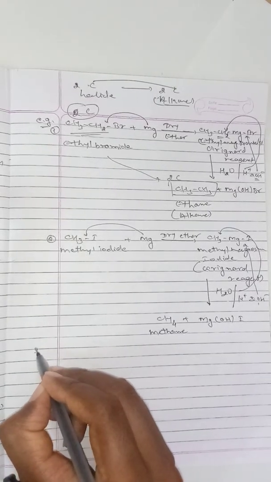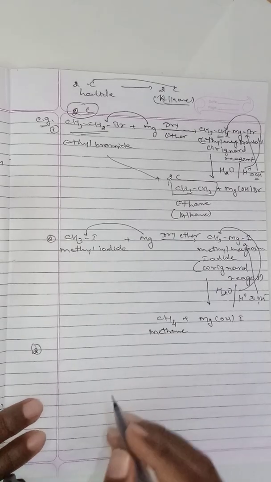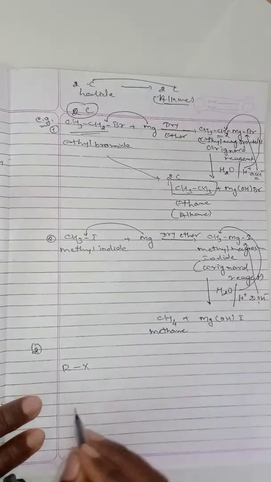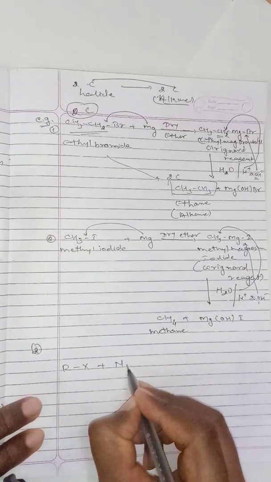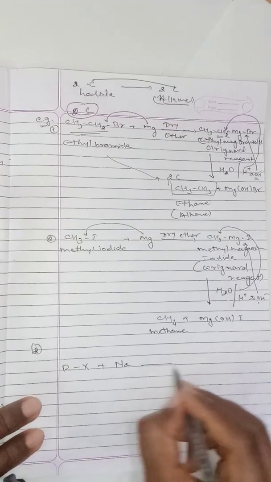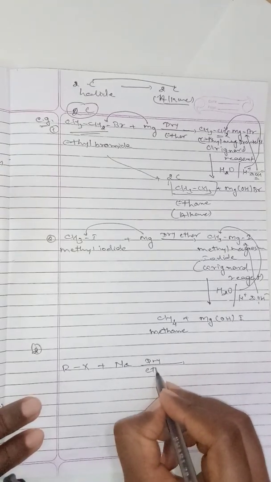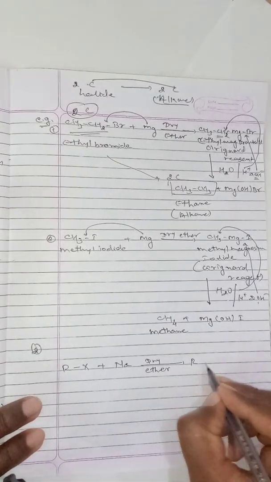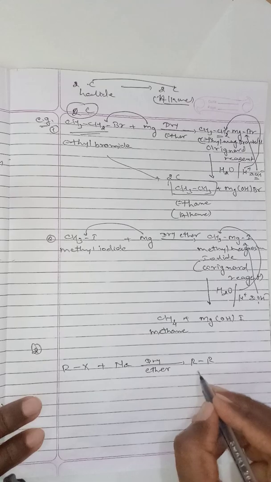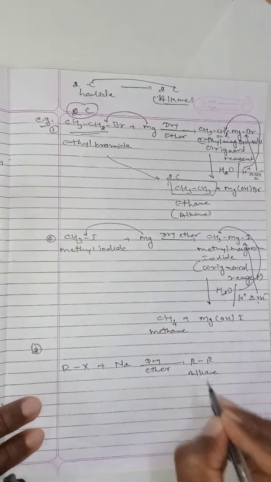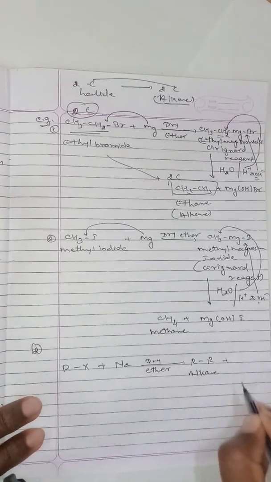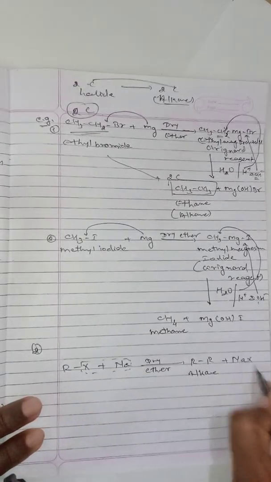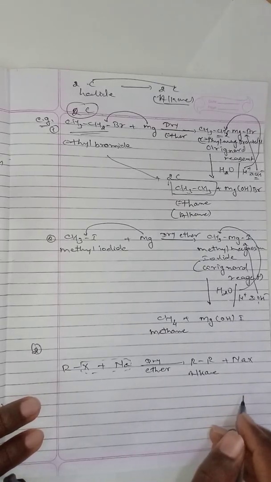Let's see another reaction. Suppose alkyl halide on reaction with sodium metal in presence of dry ether to yield alkane and sodium halide.